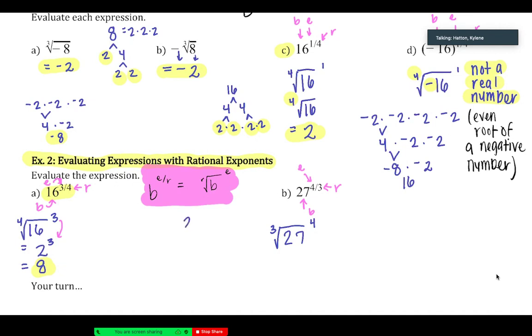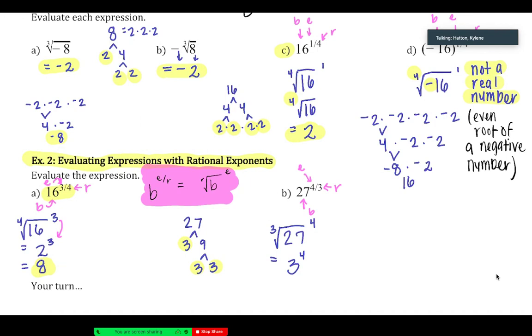Start with 27 and break that down: 27 is 3 times 9, and 9 is 3 times 3. Since we're taking the cubed root, we're looking for 3 of the same number. We have 3 3s at the end of our factor tree, so the cubed root of 27 is 3. That makes sense because 3 times 3 is 9, and then times the third 3 becomes 27.